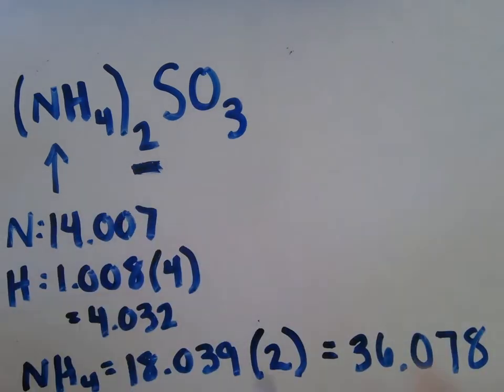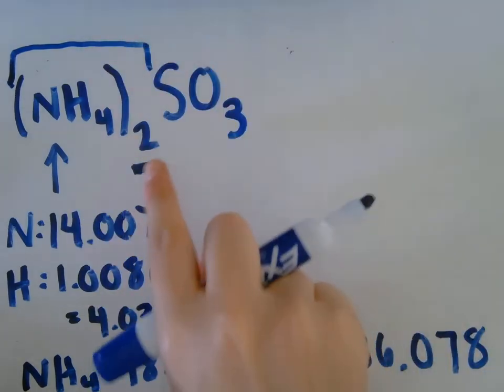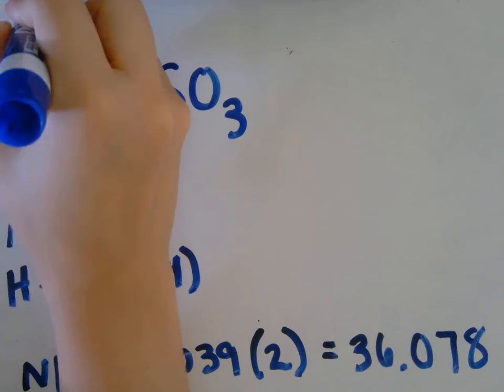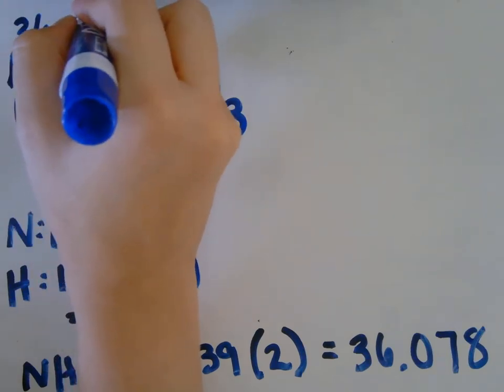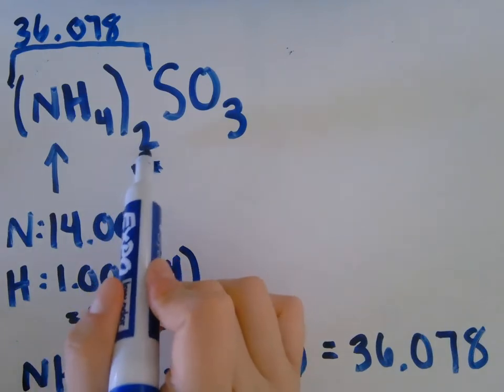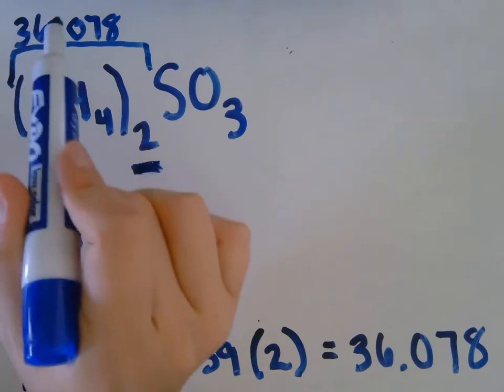So I have this whole thing up here, including the subscript, a total of 36.078. 2 polyatomic ions of NH4 is 36.078.